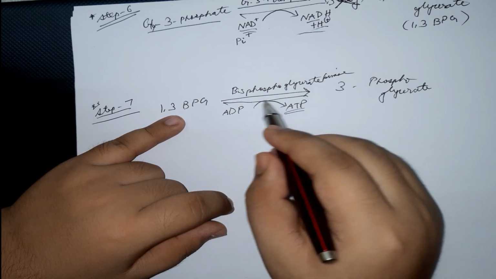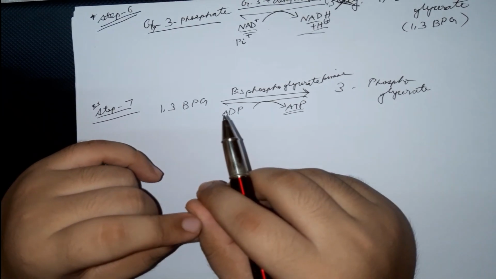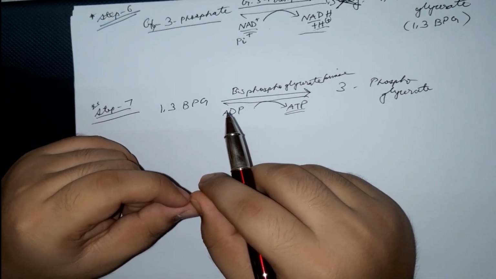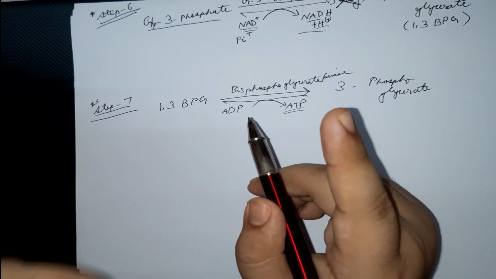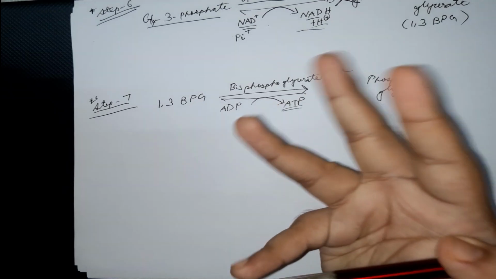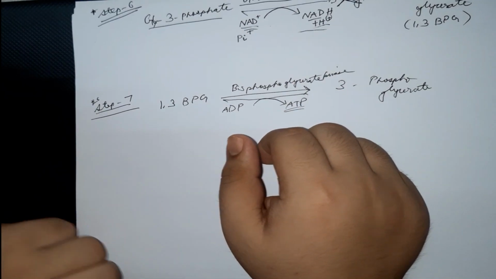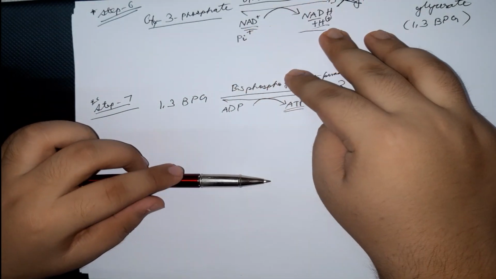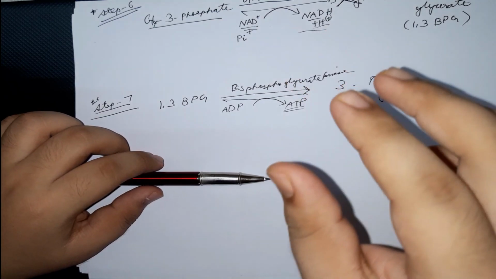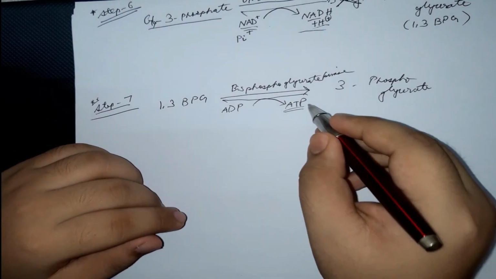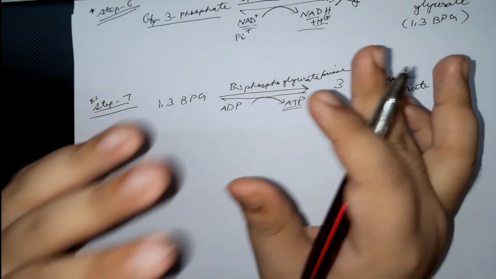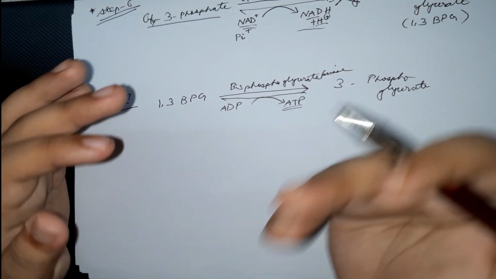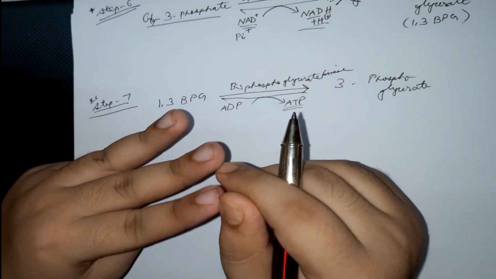Obviously this is an example of phosphorylation, because phosphate is being transferred, right? Now we know that there are 3 forms of phosphorylation by which ATP is formed. This is something that is actually taught in high school biology, botany. There are 3 forms. What are they?